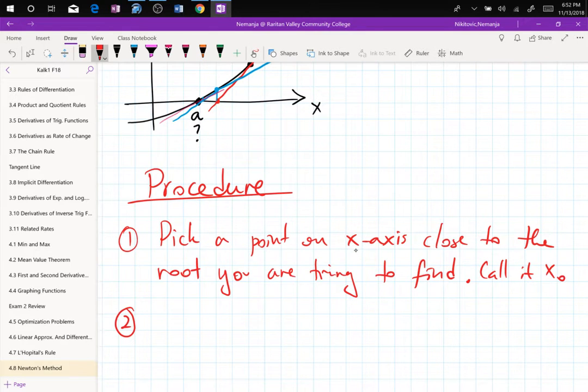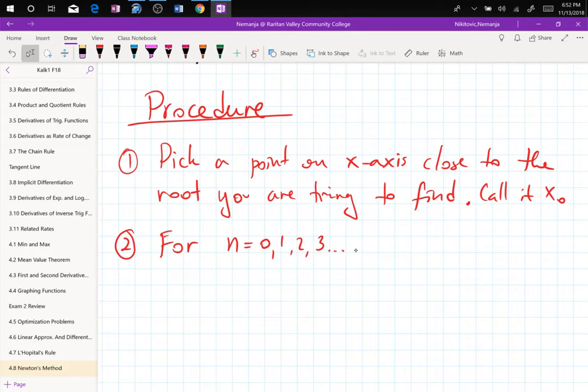Number 2, for n equals 0, 1, 2, 3, going on. Here's the formula. The next x value to compute this whole thing in is the current value minus the function computed at xn divided by the derivative computed at xn.